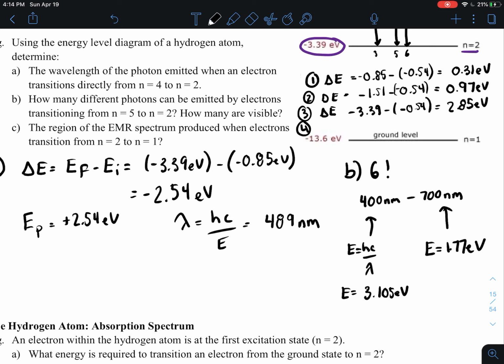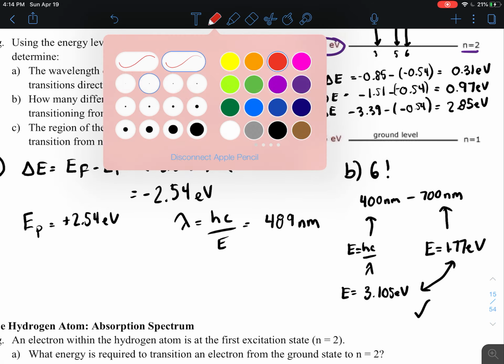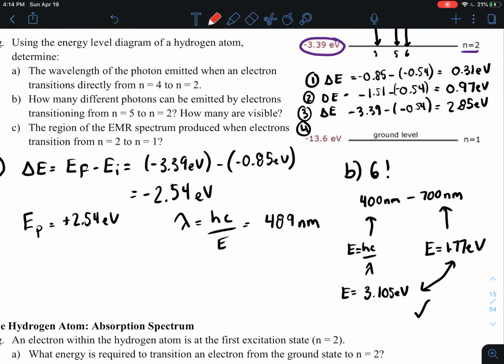If the energy is between these, it's visible; if it's beyond that, it's not. Right away, from the first ones we tried, and I'll let you try the rest, we say not visible because it's lower than 1.77, not visible because it's lower than 1.77, and yes, visible because it falls within that range.